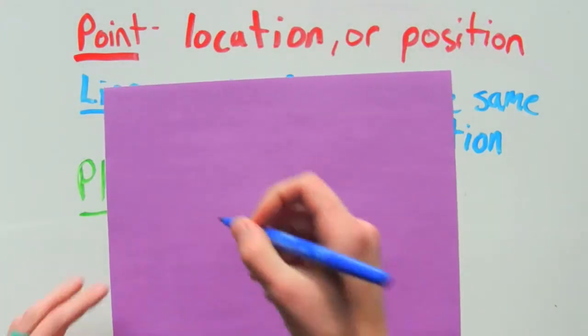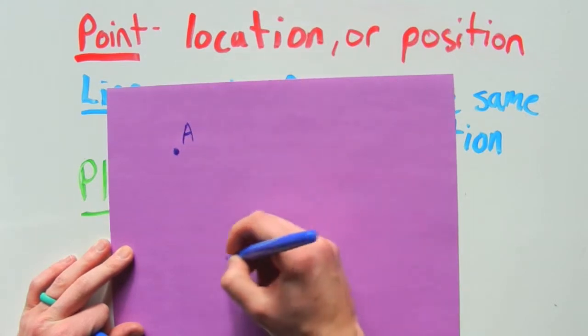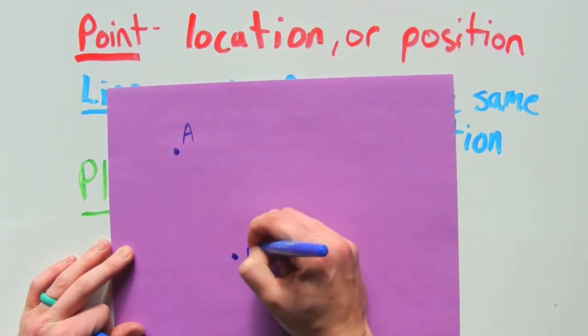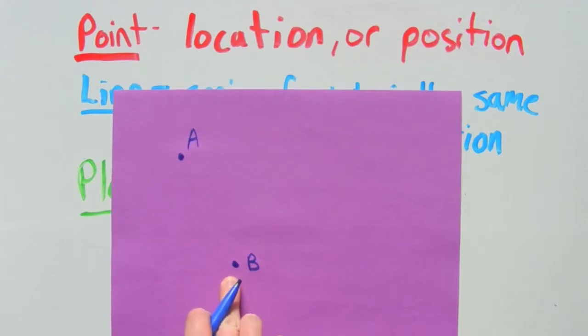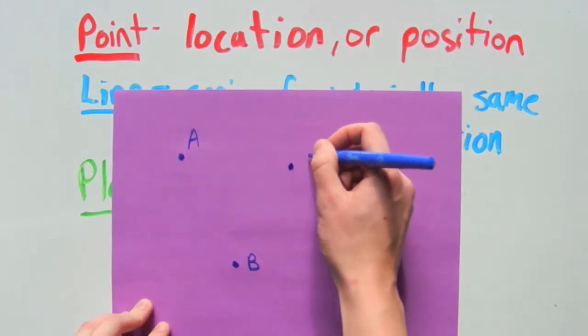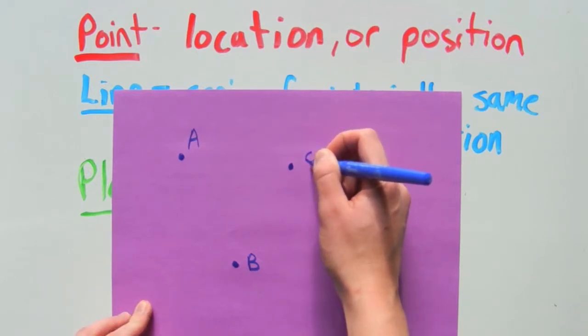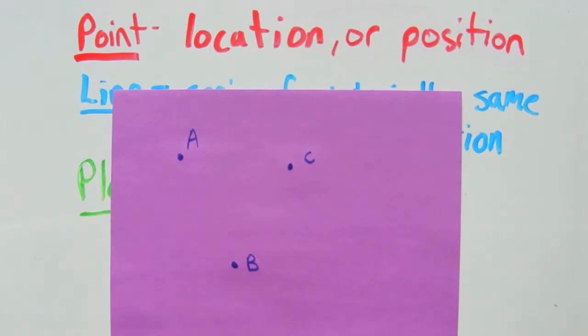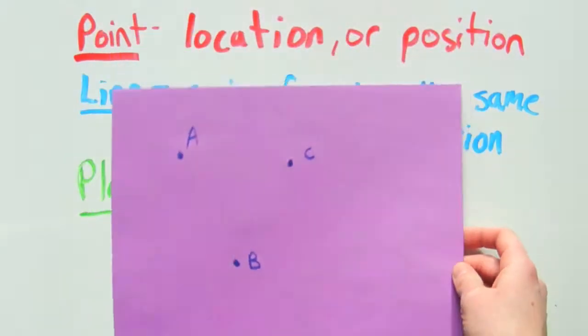Let's say we have some point A and some point B. Points A and B are a line, so in order for it to be a plane, we need to add another point. So this is a plane through 3 points.